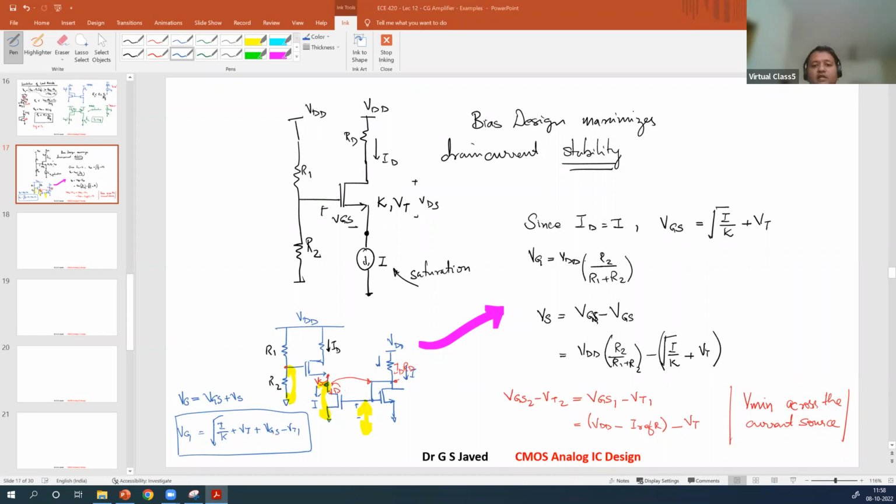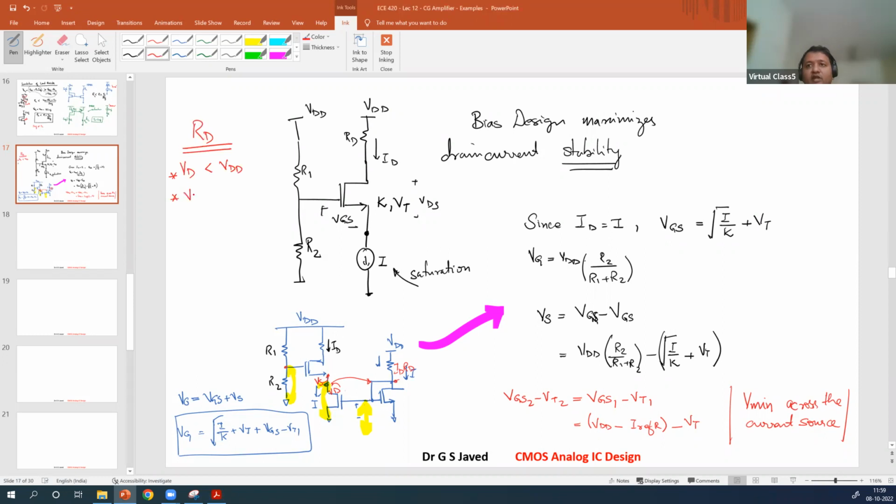So how do you set the RD value now? Now that you have set this, how do you set the RD value? The RD value has two criteria. What is one? The voltage across this RD value should be such that VD is less than VDD, which ensures it is not going into cutoff.